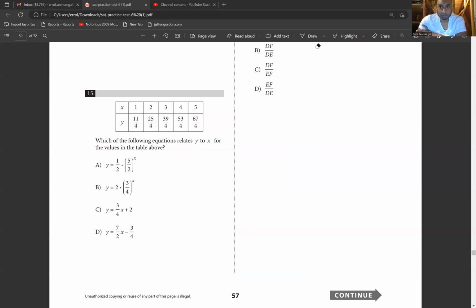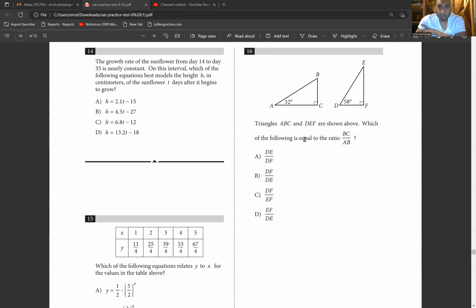That was 15, 16. Triangles ABC and DEF are shown above. Which of the following is equal to the ratio BC over AB? Okay, so let's see. Triangles are shown.